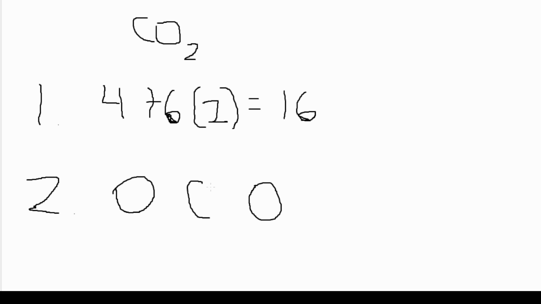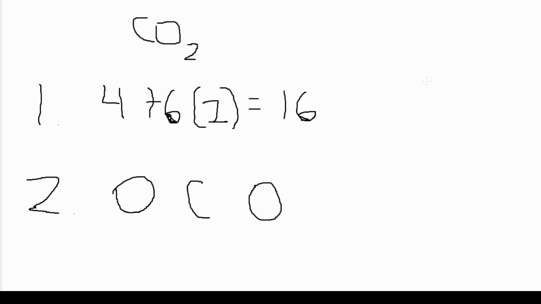Go review your periodic trends. The reason we choose carbon is because carbon is to the left of oxygen, and if you remember, electronegativity increases as you go up and to the right. Oxygen is to the right of carbon, so it's more electronegative, so that means carbon is less electronegative, so that goes in the center.